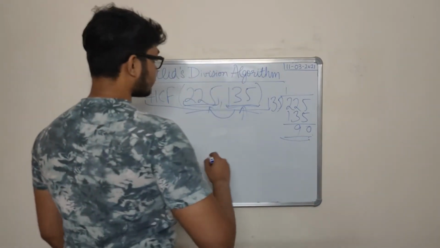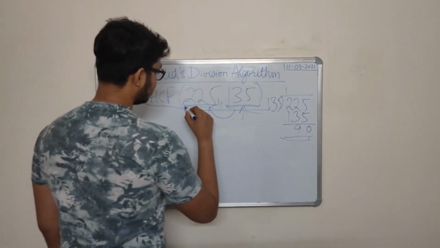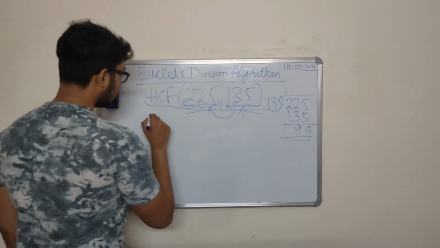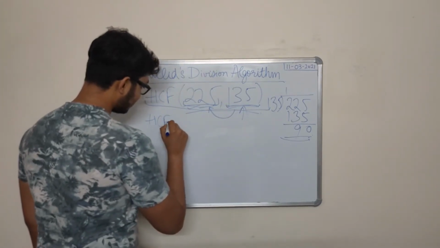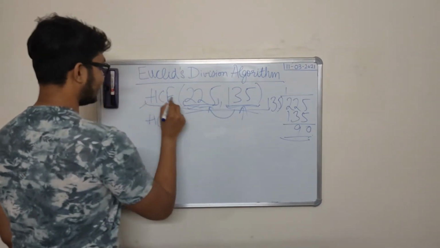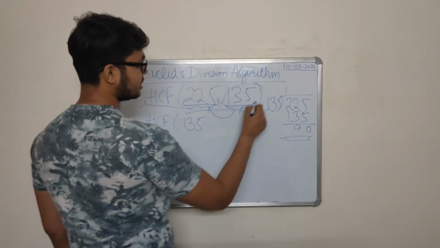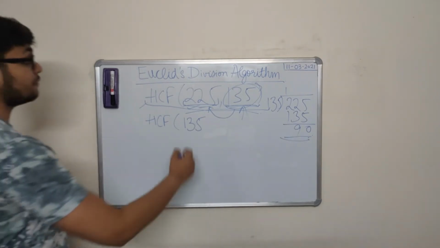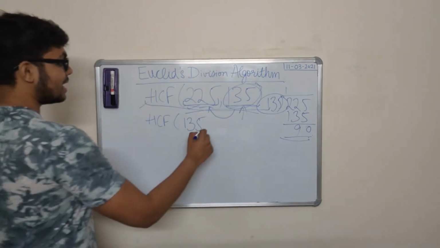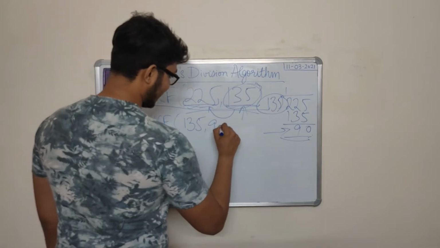Correct. So now what I'll be doing here is, instead of worrying about these two big numbers, I will just apply the same rule which we applied here to 135, which is the smaller of these numbers, or which was the divisor in this case, and the remainder, 90.